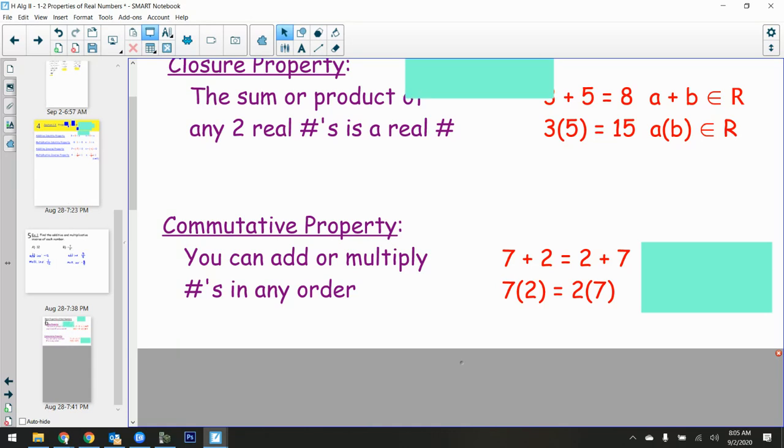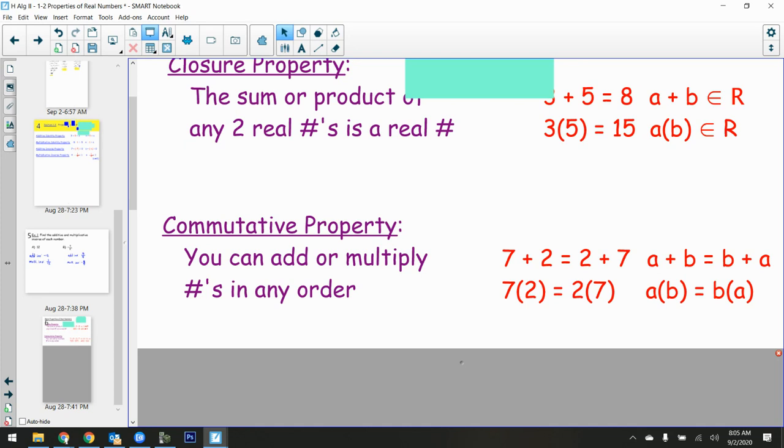If I've got 7 times 2, that's the same thing as saying 2 times 7. In terms of just variables, you can say that a plus b is the same as b plus a, or a times b is the same as b times a. This lets us change order, and it will not change the final value. Now, this again only applies to addition and multiplication, sums and products.